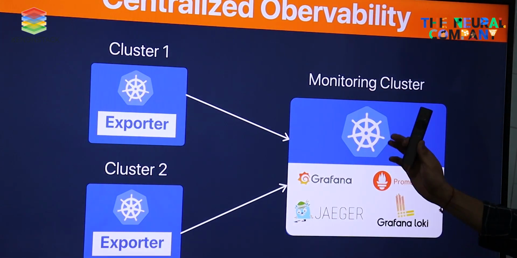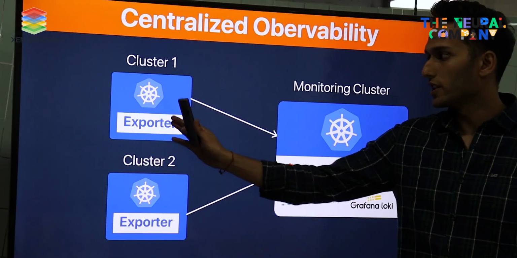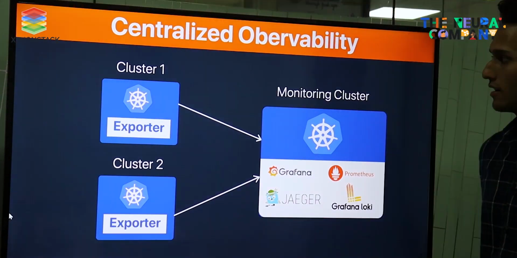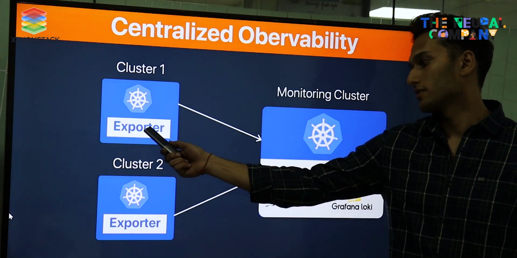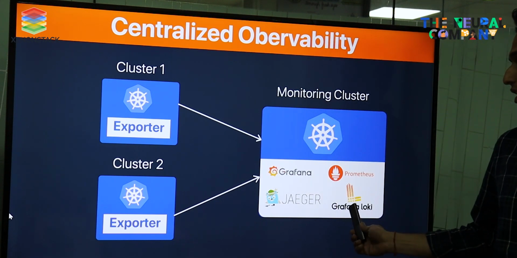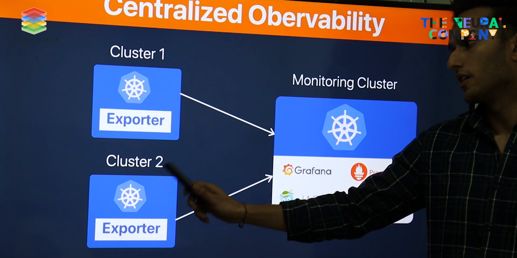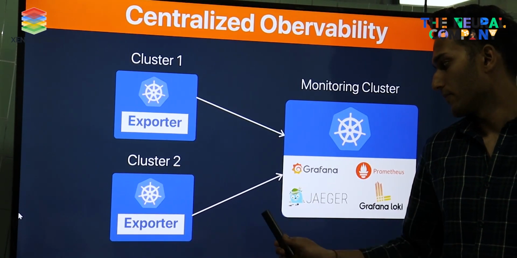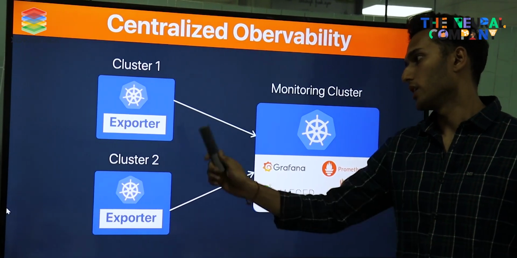Here we have to deploy our toolkit like Prometheus, Jaeger and Grafana Loki. In the two clusters where our workload is running, we have to deploy our agents, which are exporters in terms of Prometheus, Promtail in terms of Grafana Loki, and the applications themselves instrumented with Jaeger.